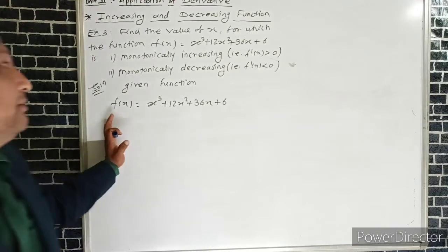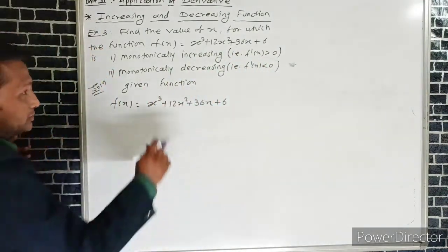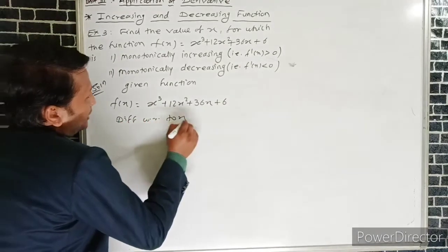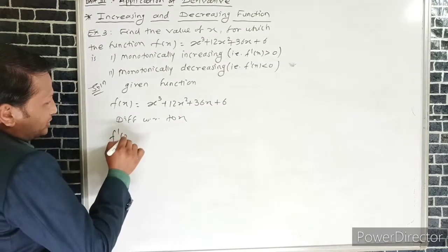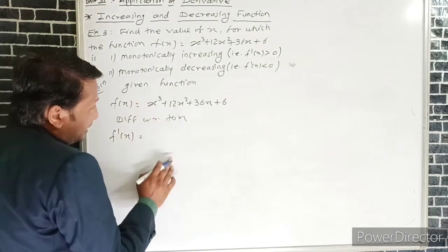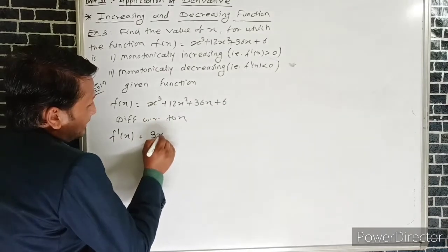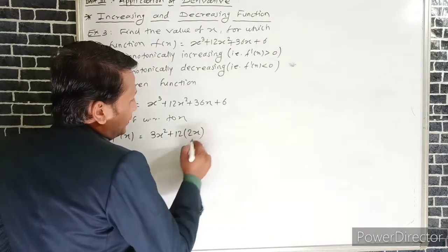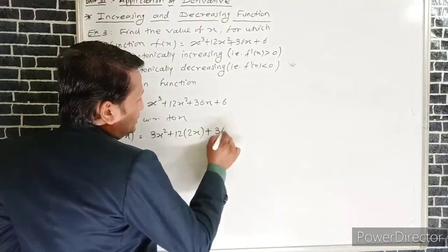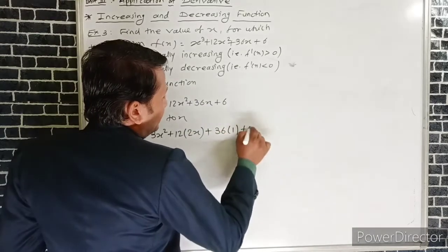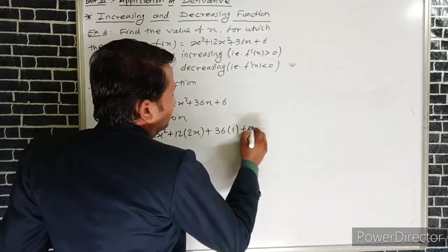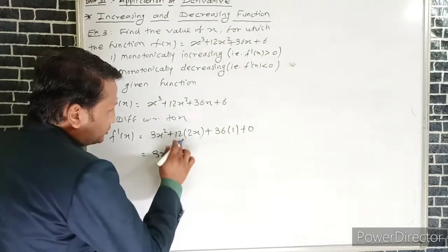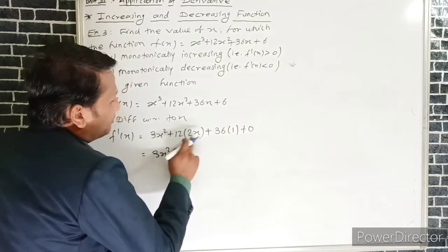Here we have to find f dash of x, the derivative of f of x with respect to x. After differentiating, f dash of x is equal to the derivative of x cube, which is 3x square, plus 12 into the derivative of x square, which is 2x, plus 36 into the derivative of x, which is 1, and the derivative of 6, which is a constant, is 0.